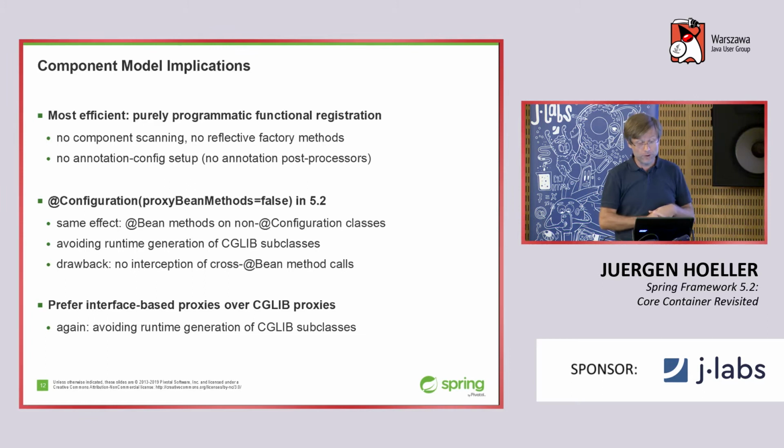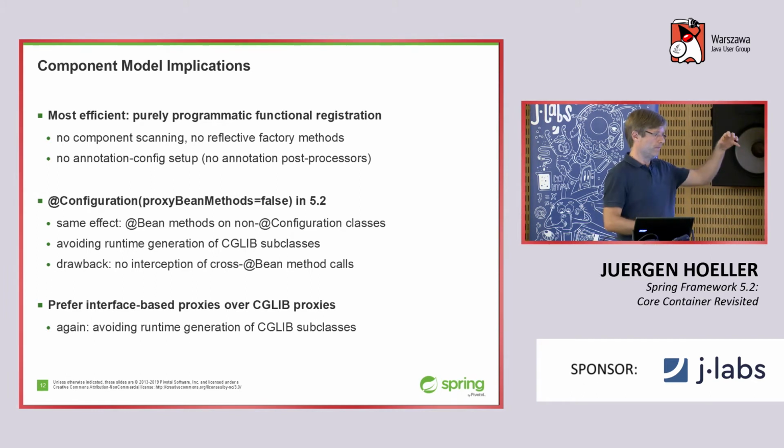Configuration classes, if you're heavily using that feature, many configuration classes in your code base, you might want to switch to what we call the light mode to declare proxyBeanMethods equals false. You're basically saying nobody's ever going to call those methods externally. They are only going to be called individually by the container as a factory method for a particular bean.